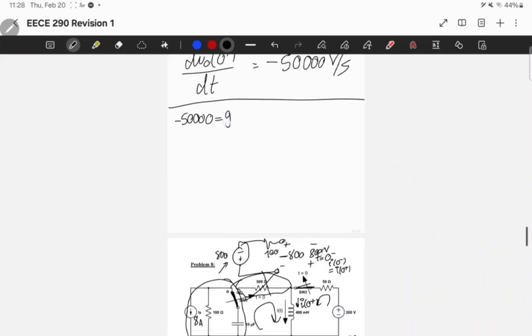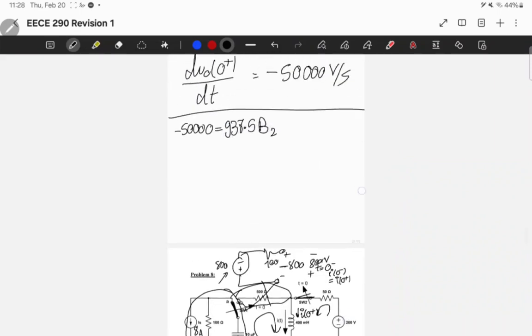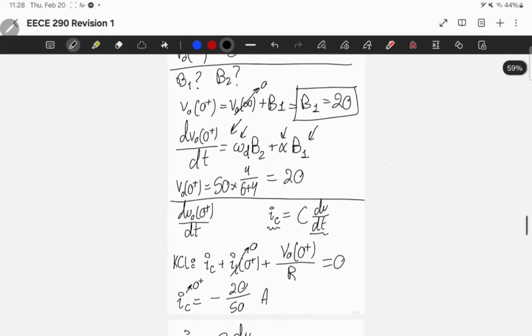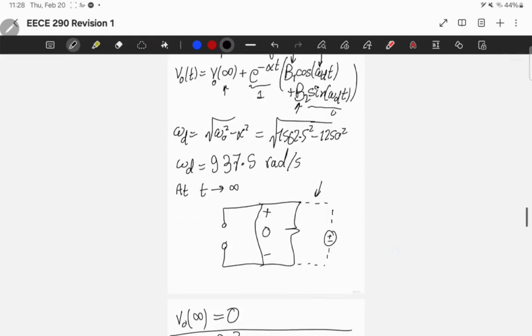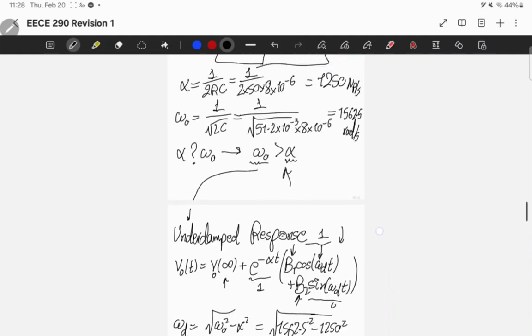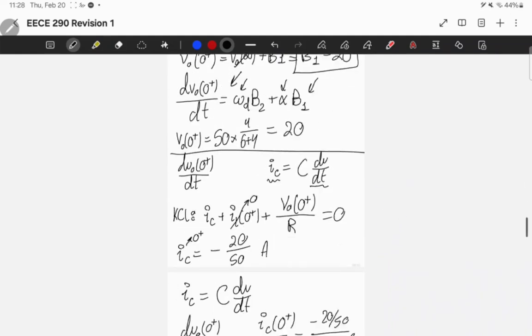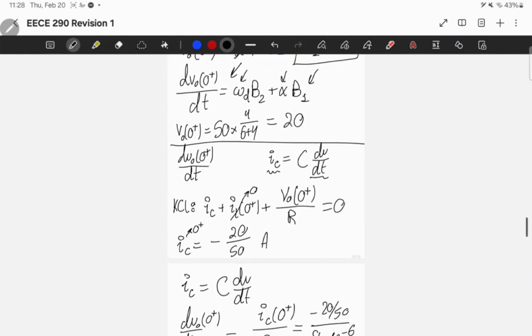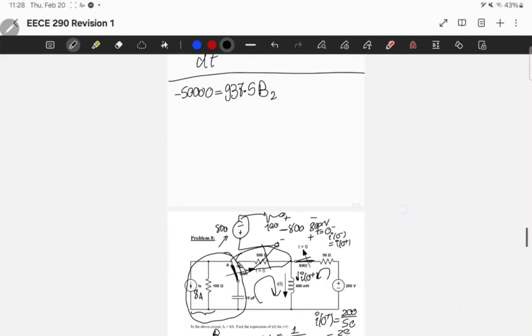So 937.5 b2, and then plus alpha b1, but alpha is 1250, right? Plus 1250 times 20, right? So this is dv at 0 plus by dt, this is omega d, this is alpha, and this is b1.